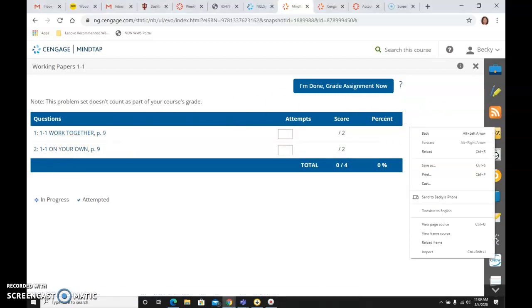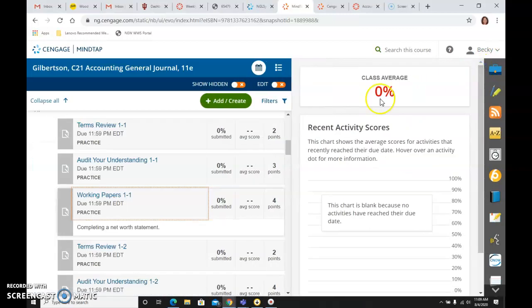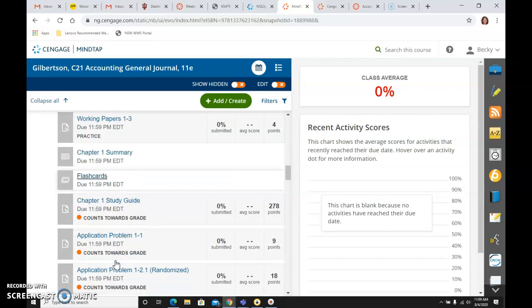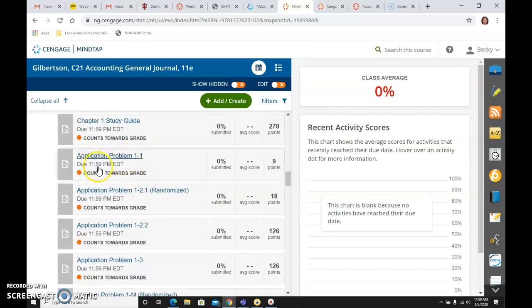The application problem, however, will be graded. If you go down to Application Problem 1-1, it is going to count towards your grade, and you get one attempt at that. Next, after the application problem, we will do the lecture on Lesson 1-2, which is how business activities change the accounting equation.